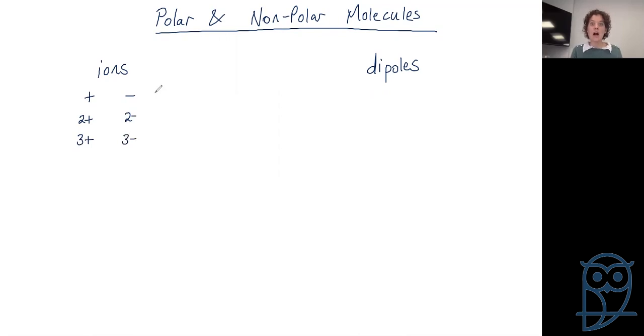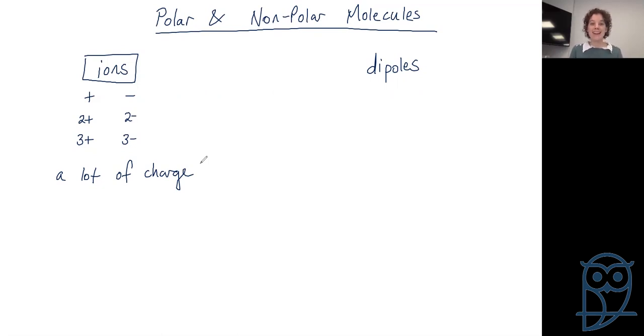So these guys have a lot of charge. A full plus will stick to a full minus, or a full 2 plus could stick to 2 full minuses. And so we can start getting interactions between ions. We've got a lot of charge going on, so we have a relatively strong bond.